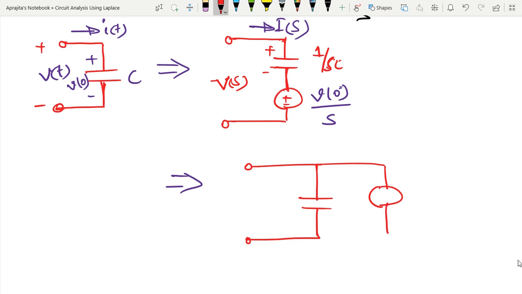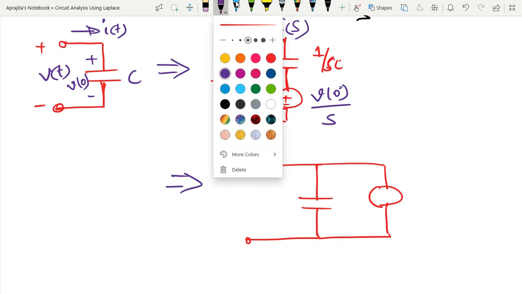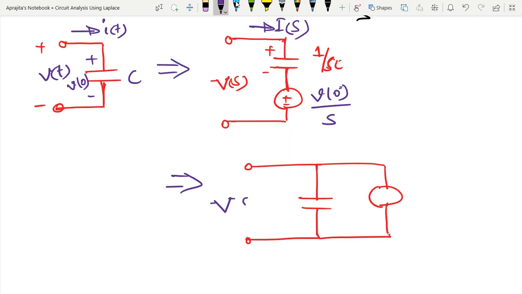I hope that you are able to picturize it. So here I have voltage Vs, this is plus, this is minus, so you can also put here plus and minus, and again this is plus and this is minus.